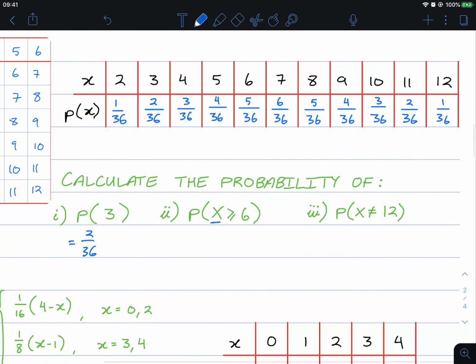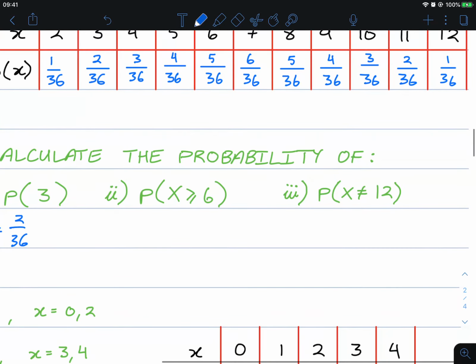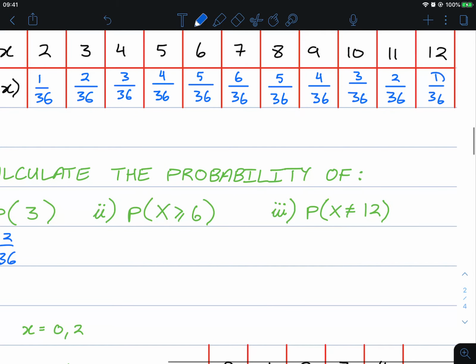The probability of x, so the result being greater than 6, well, that's the sum of all of these numbers here. Well, we can easily add that. 1 plus 2 is 3, 6, 10, 10, that's 20, plus the 6, that's 26 in 36.